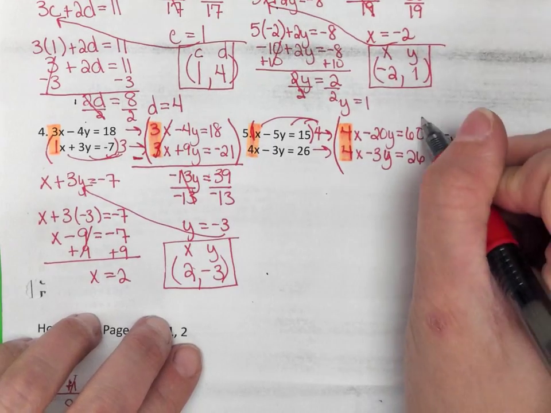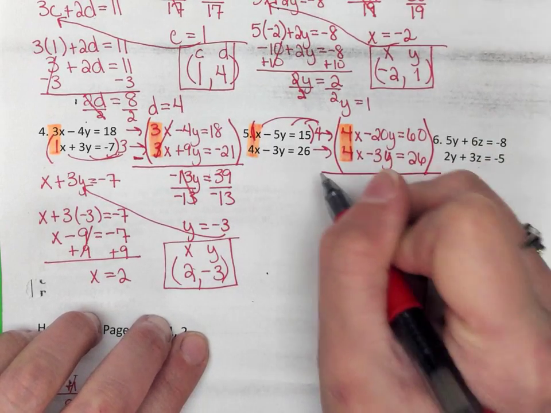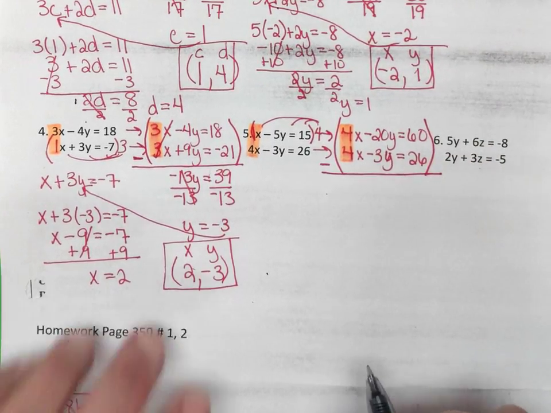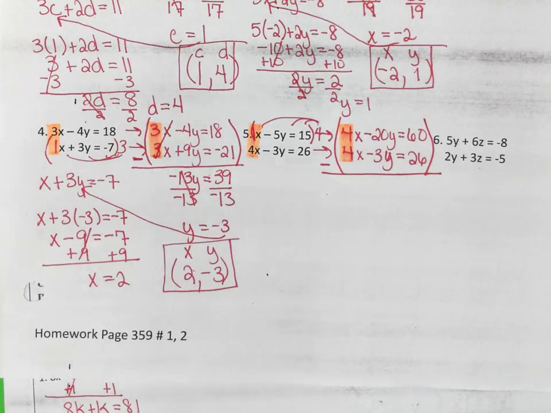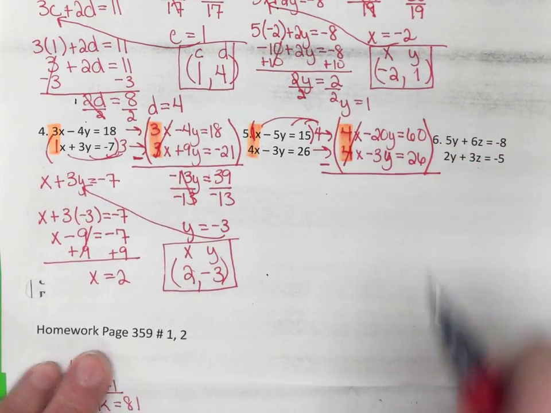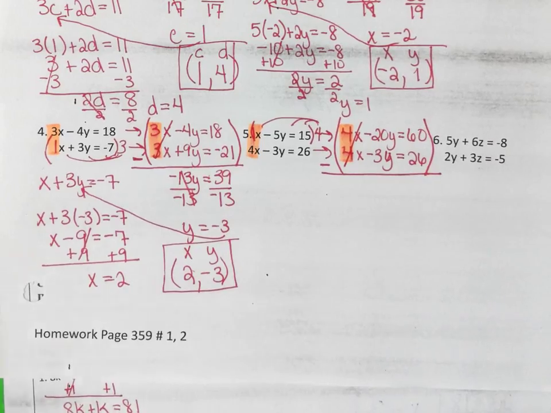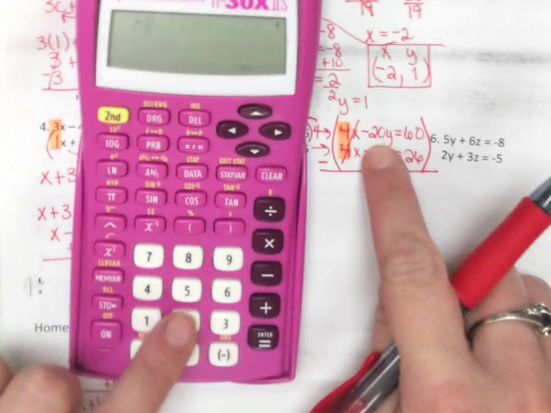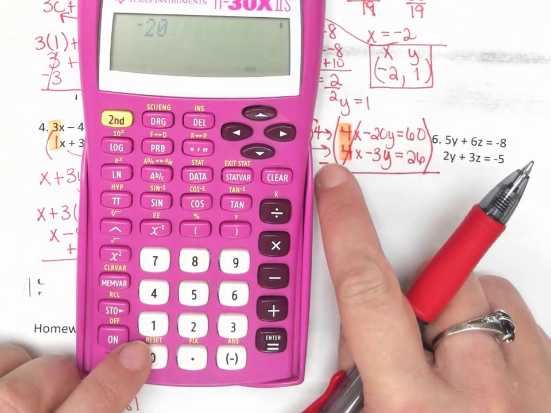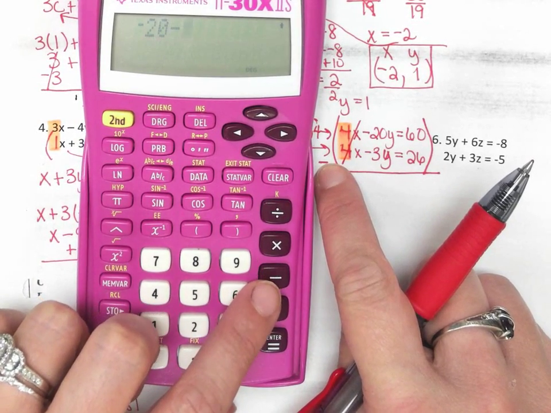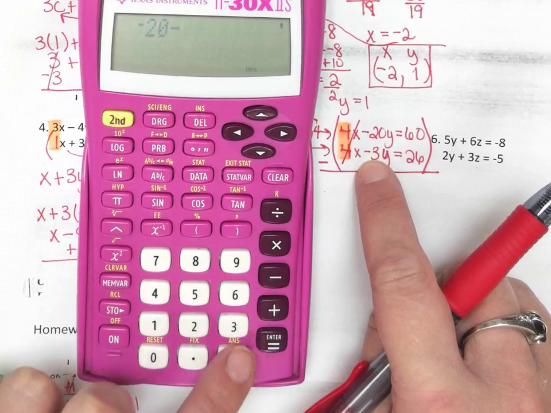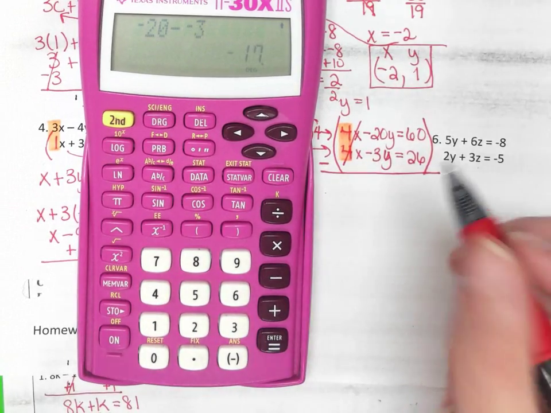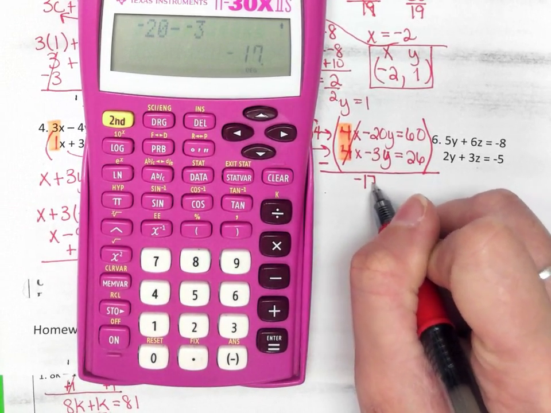So now it's the same thing we've been doing. The same signs, they're both positive, so we're going to subtract. 4x minus 4x is 0. Alright, make sure you type this in right, okay? Negative 20, and then we're subtracting, and that's a negative 3. So that's negative 17y.